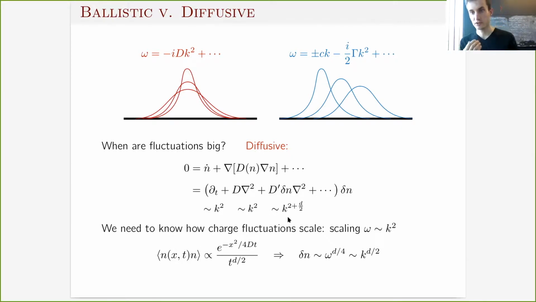So at very small wave vectors that is going to lead to small effects, small corrections. So the bottom line is that in some sense the critical dimension is 0. As long as we're above 0 dimension, in any case of interest, charge fluctuations are small in diffusive systems.